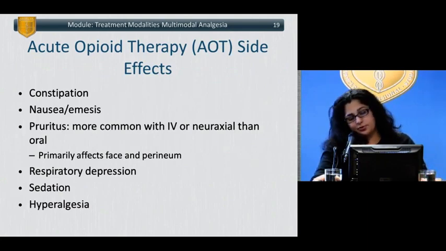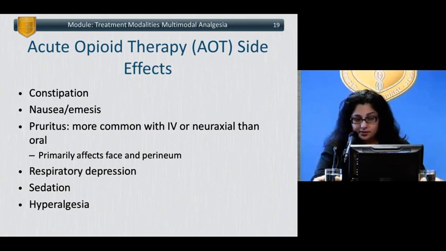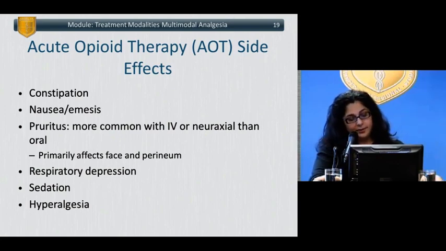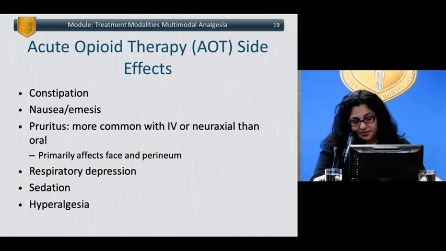When we refer to opioid therapy, we usually mention acute opioid therapy versus chronic opioid therapy. With acute opioid therapy, there is literature that shows that it can be beneficial for postoperative pain management. But there are also side effects associated with acute opioid therapy.